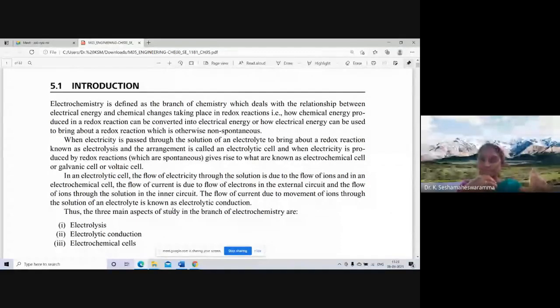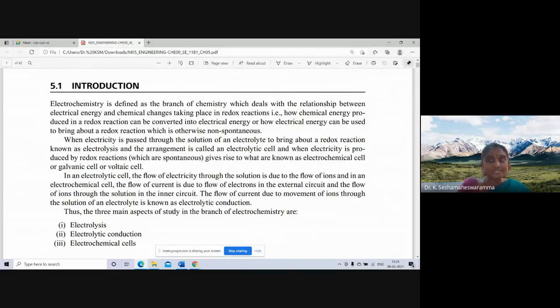That is the difference between an electrolytic and an electrochemical cell. The flow of current due to movement of ions through the solution of an electrolyte is known as electrolytic conduction. Thus, the three main aspects of study in electrochemistry are electrolysis, electrolytic conduction, and electrochemical cells.